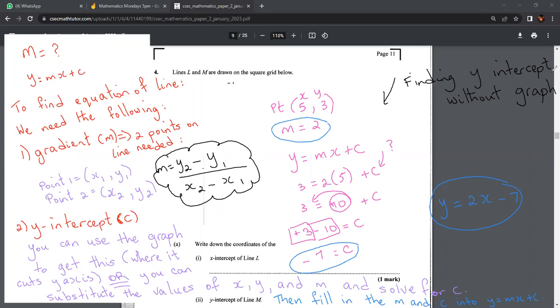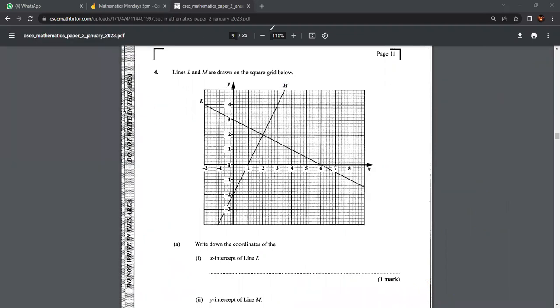2, 1. All right, so actually all of that was just to explain the different ways to find the equation of a line, right? We didn't do the question yet, right? So let's look at attempting this question now that they asked us.